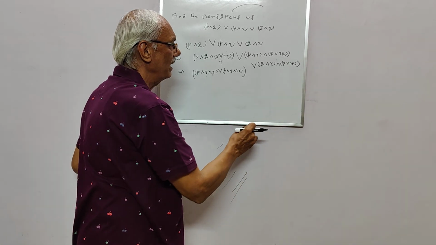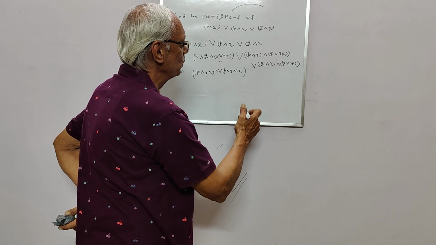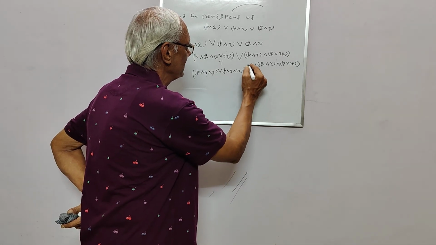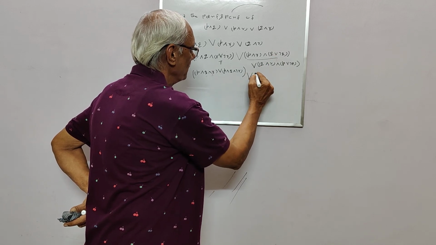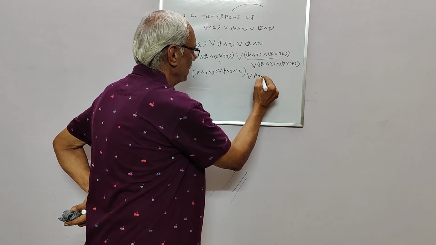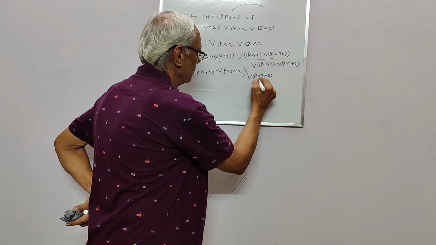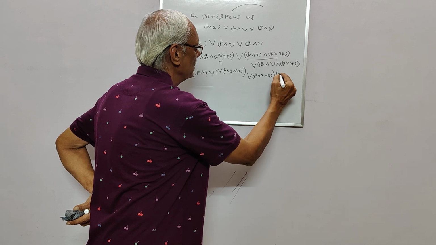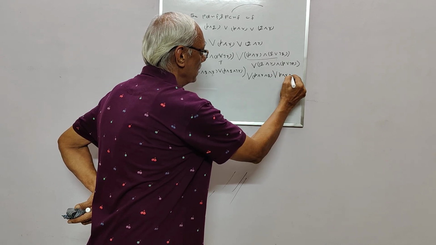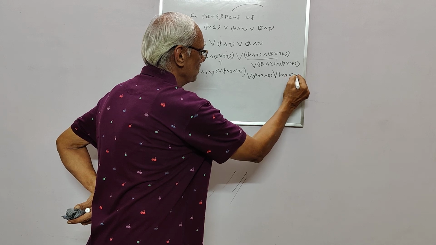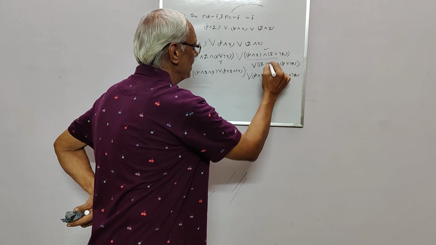Now I will write straight away the next two terms so that you should be able to understand. So what is this now? So this is P conjunction R conjunction Q. Then your disjunction comes P conjunction R conjunction negation Q. So then you see that this has been written.